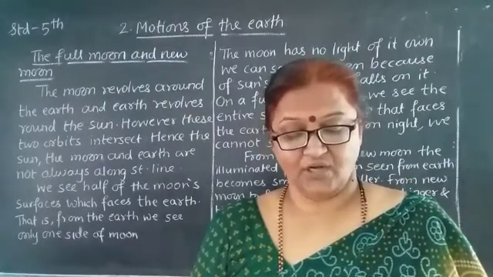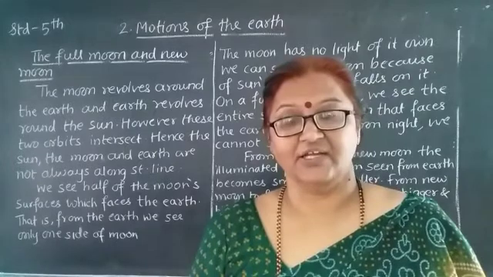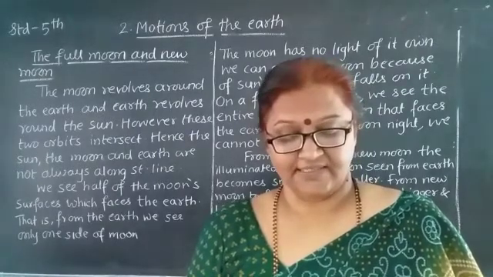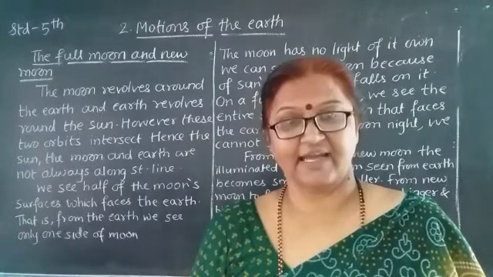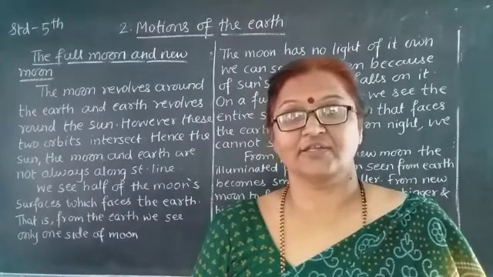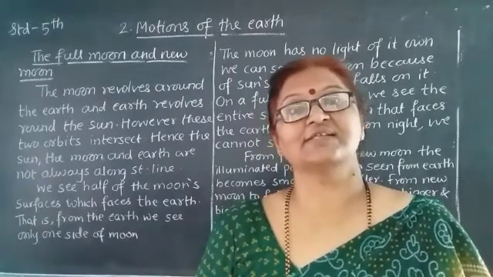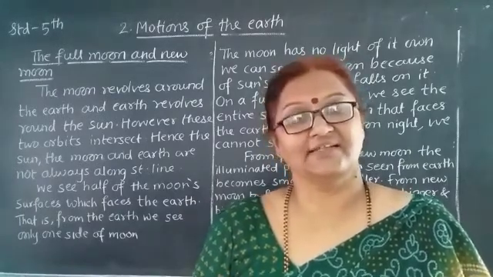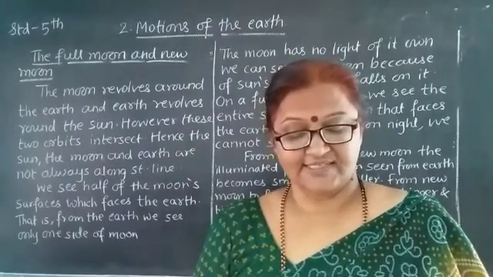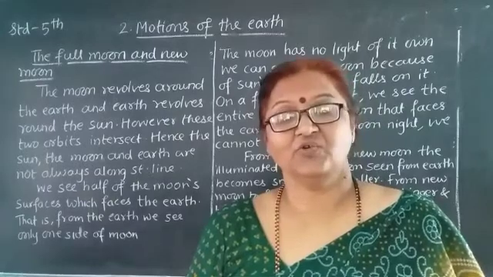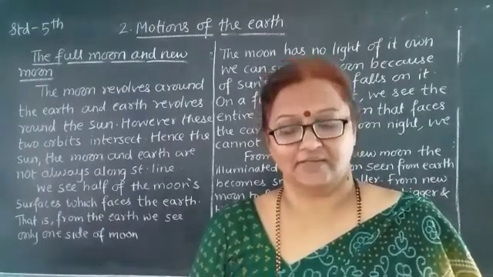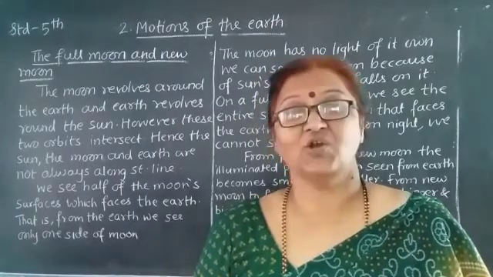Then see, in the northern hemisphere between 22 March and 23 September, the days are longer than the nights. The northern hemisphere is the part present in the north of the earth.